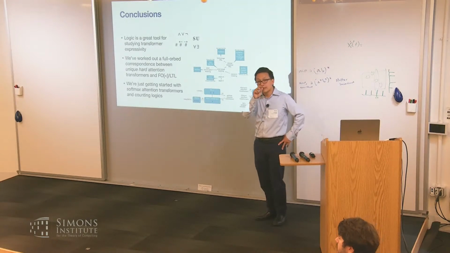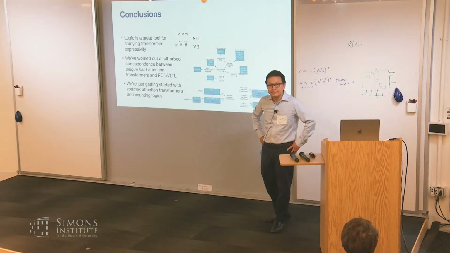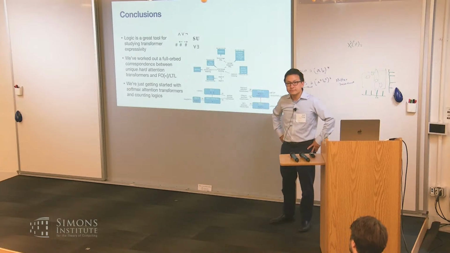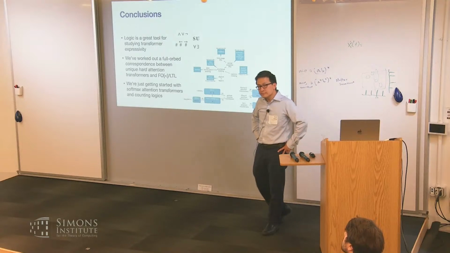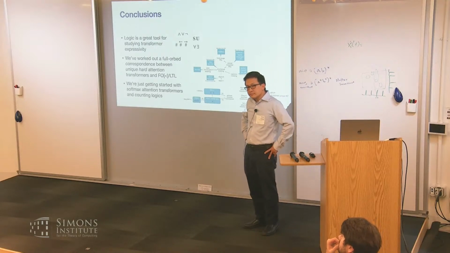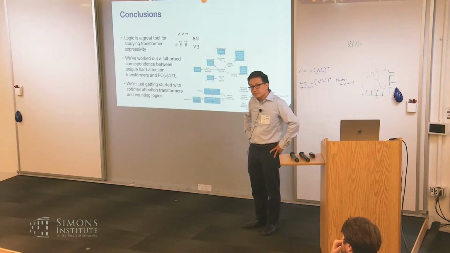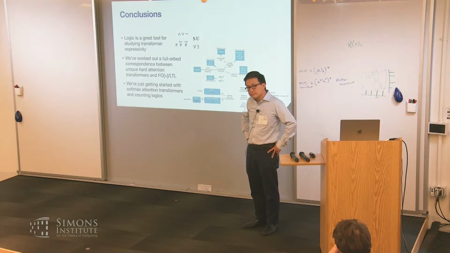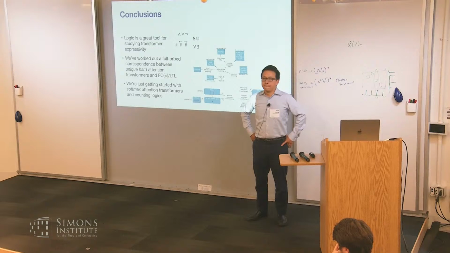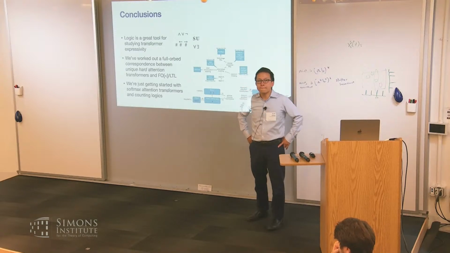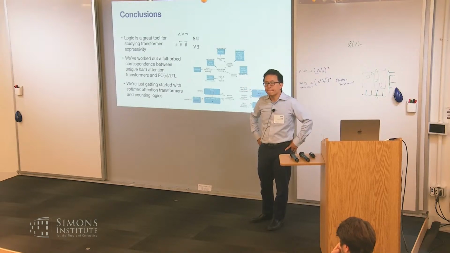I'm wondering if you can make connections between the actual complexities in these different representations. These connections are great and very interesting, and I agree that it's very useful for studying transformer expressivity. Between the different logics, how much longer does the formula get when you go to transformers, and how does that relate to the complexity of the transformer?